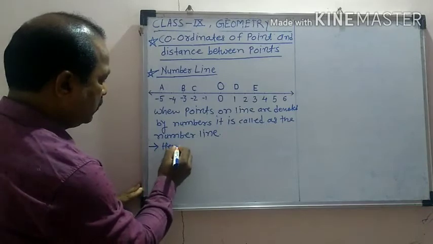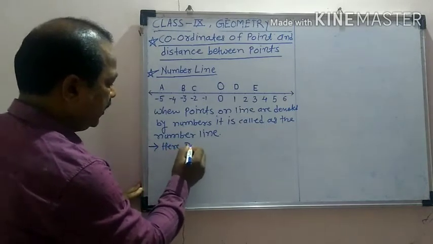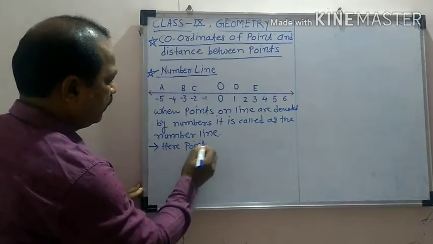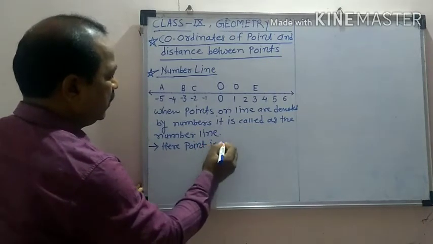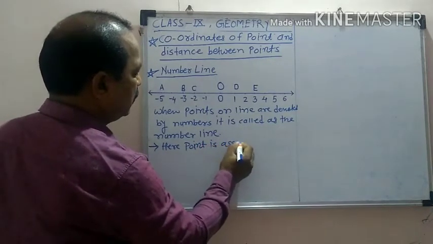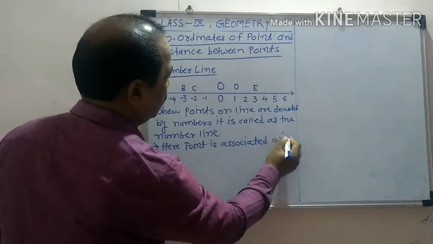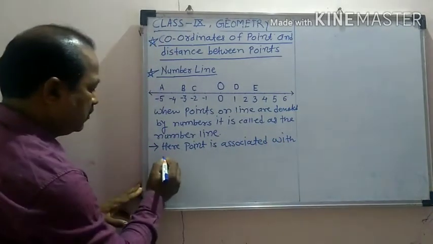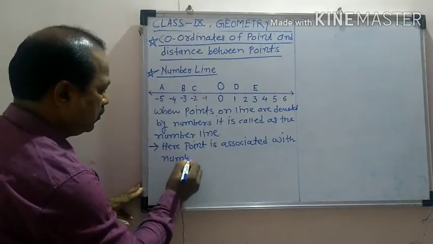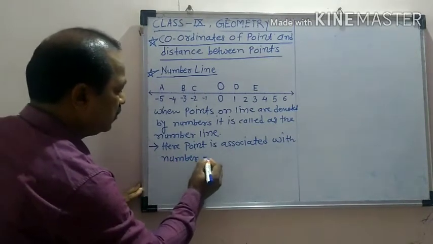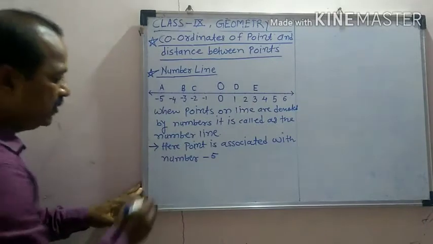Here point A is associated with number -5.